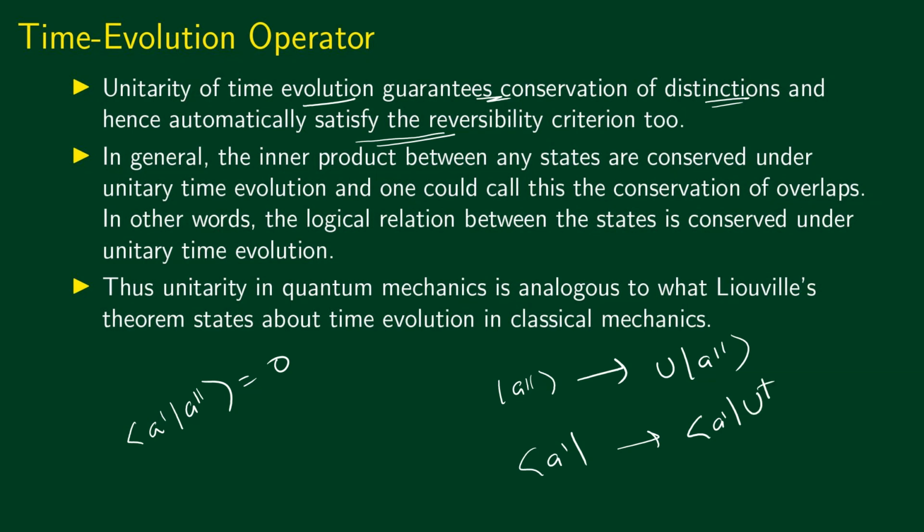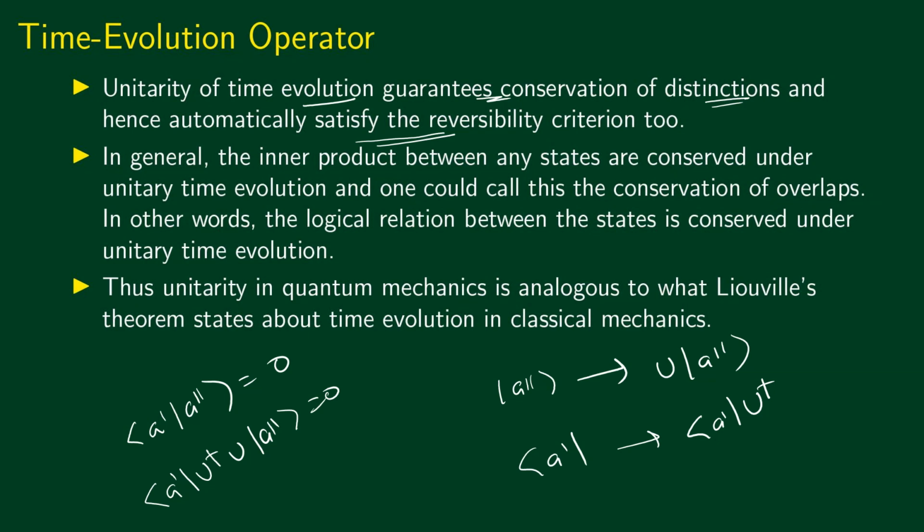So if bra A prime, ket A double prime equals 0, and we want this to be conserved, we get the condition bra A prime U dagger U ket A double prime equals 0. This again means that U dagger U is equal to 1, the identity operator. So unitarity automatically guarantees the conservation of distinctions also.